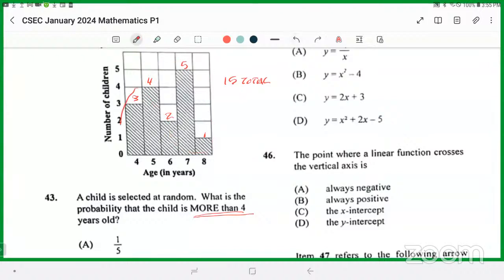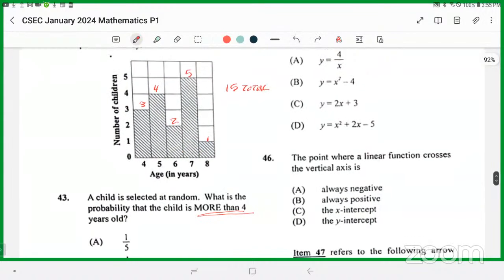The ones who are more than 4 years old are these over here, because these are 4 now. So the probability of getting more than 4, we're going to get these, which is 9 and 3, 12. That's 12 children who are more than 4.